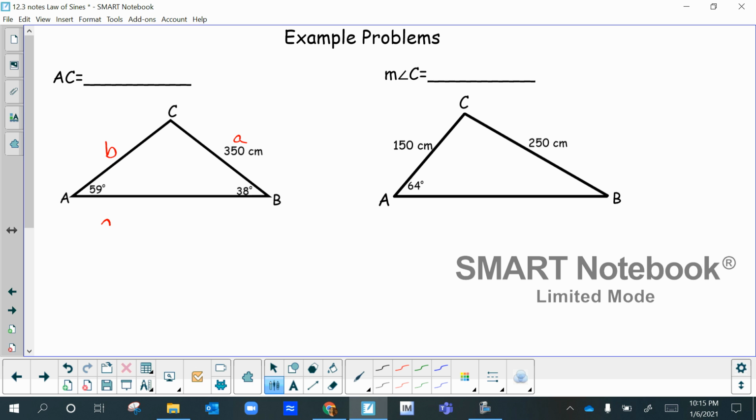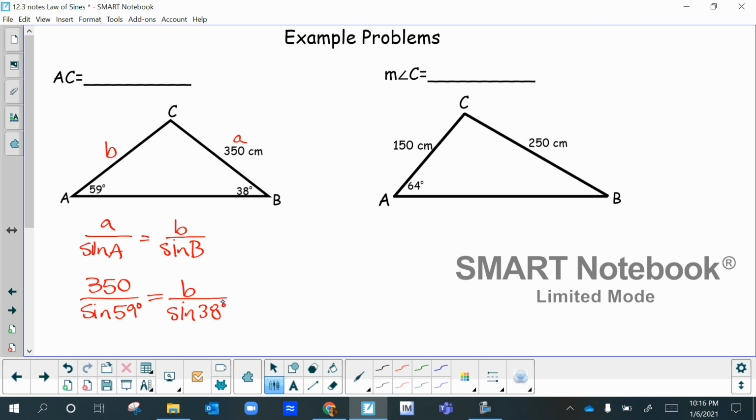So remember, the formula is little a over sine of A equals little b over sine of angle B. Okay, so now let's plug in what we know. 350 is going to be on top. Sine of 59 degrees is on bottom. Little b is what I'm trying to solve for. And then sine of 38 goes on the bottom.